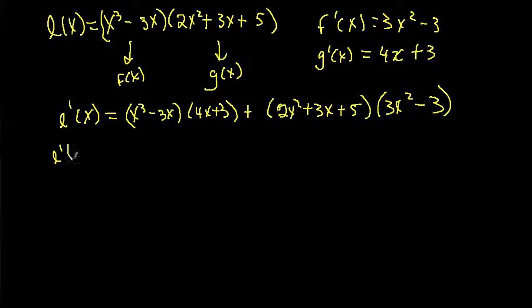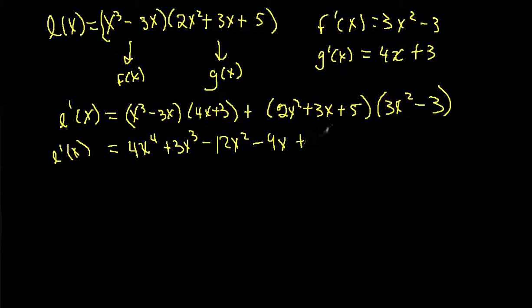So we have L prime of x is equal to, I'm going to distribute this. So we have 4x to the fourth plus 3x cubed, and I'm just distributing the x cubed now. I'm going to distribute the negative 3x, minus 12x squared, minus 3 times 3 is minus 9x, okay?